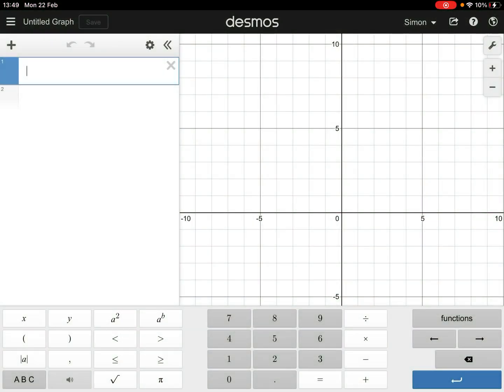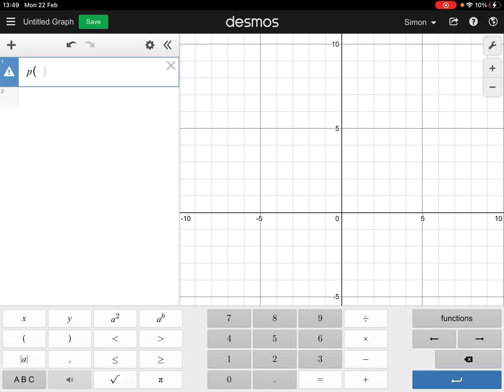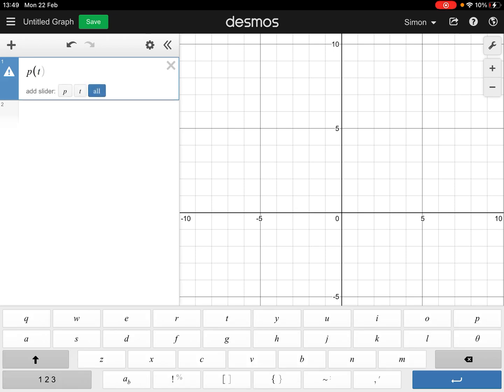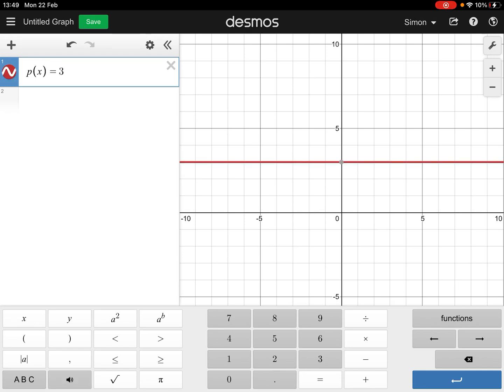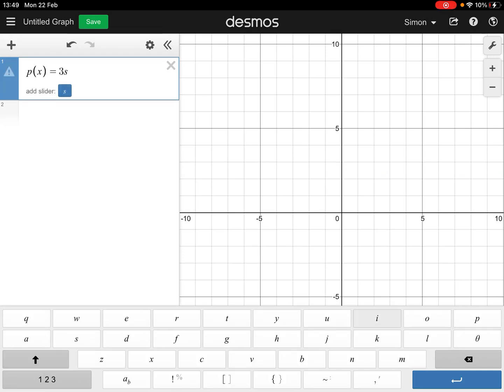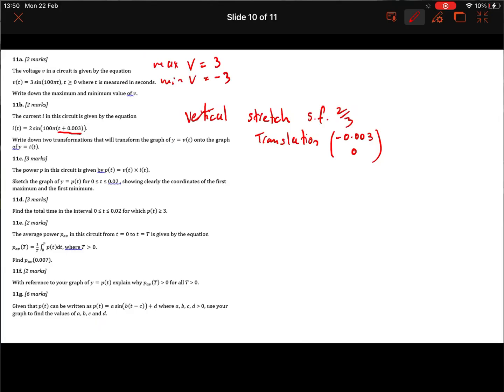Okay, so we can say P of x, change everything to x, is equal to 3 sine brackets 100 pi t.